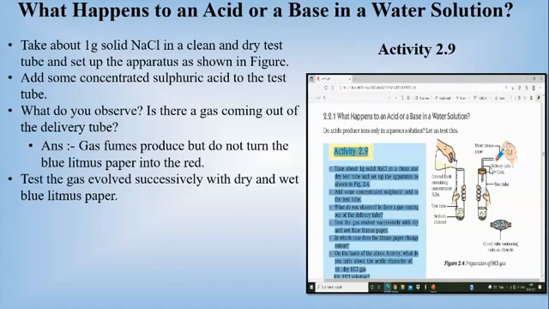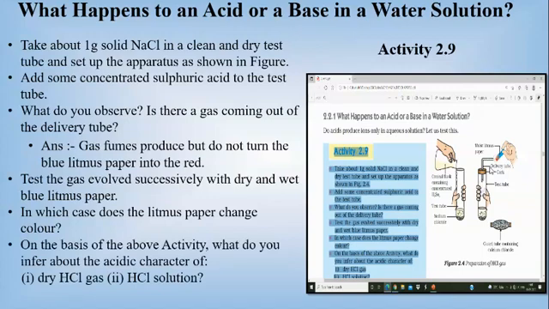Now you react them with the HCl gas. In which case does the blue litmus paper change color, the dry one or the wet one? That we have to understand.